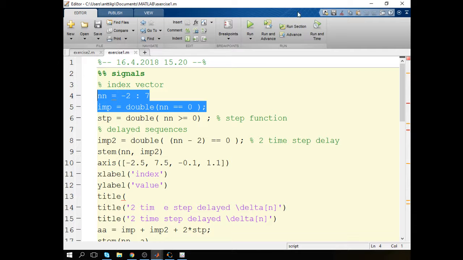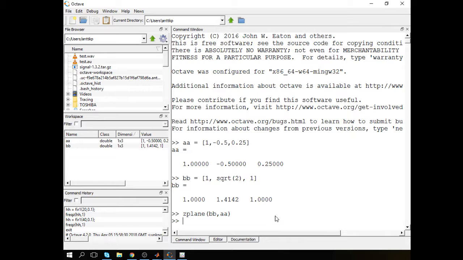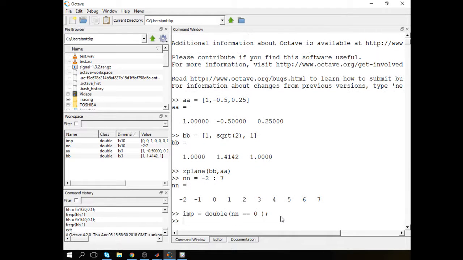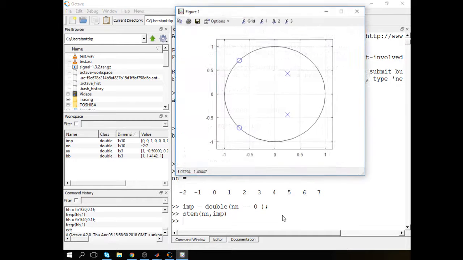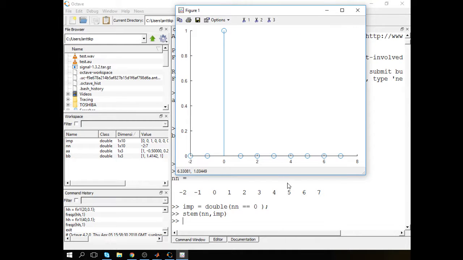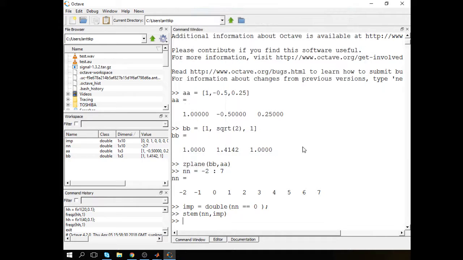I'll just copy those and put them here. Yep. And actually I can check that this one really is what I'm looking for. Yeah, it's the impulse function.